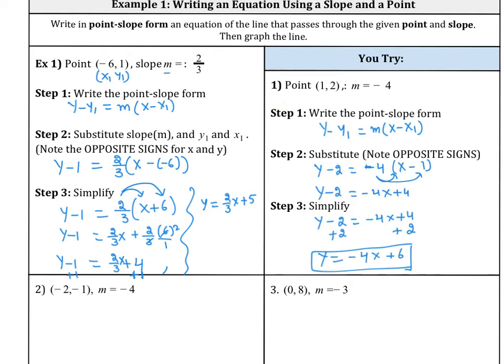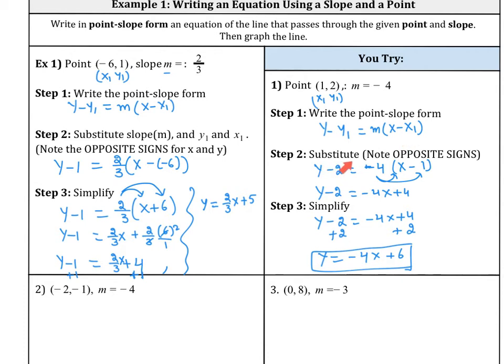For number 1 here, the point x1, y1 is given as 1, 2. M is the slope, given as negative 4. The formula for point-slope is y minus y1 equals m times x minus x1.